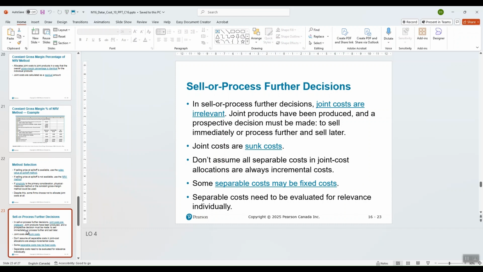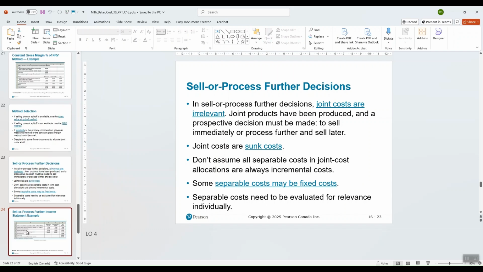In that case, the joint cost becomes a sunk cost. It doesn't matter at that time because the final product that you're producing is not those joint products. The joint cost becomes a sunk cost because you spent it to produce that, and now that product is going to be processed further and absorbed within that production line. So for decision making purposes, the joint cost is a sunk cost and will be irrelevant.